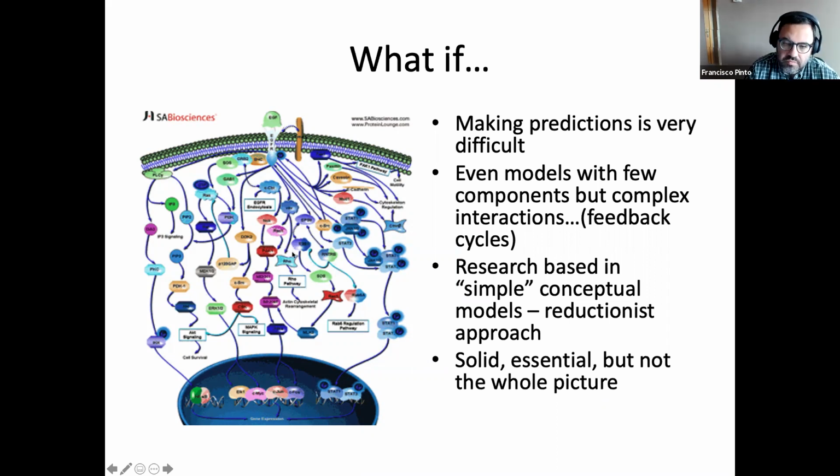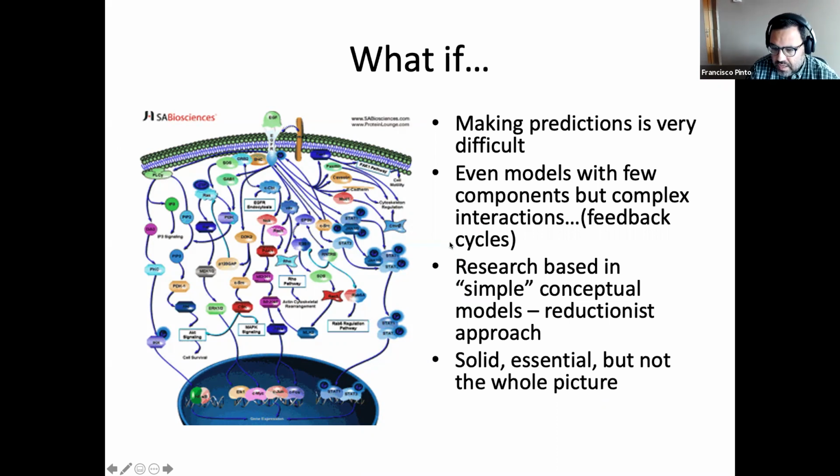Those feedback cycles or feed-forward cycles can be positive or negative. And it makes it difficult to make predictions just by imagining in your head what would happen if I increase this activity or decrease that activity.